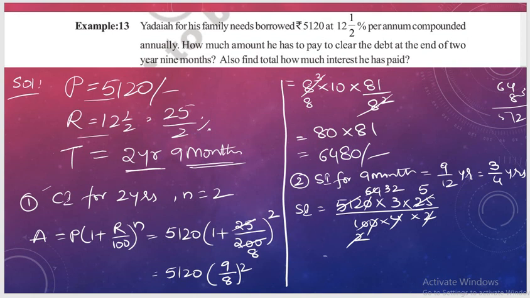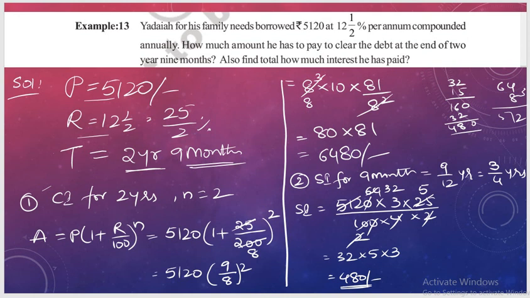What am I left with? 32 into 5 into 3, so 32 into 15. Again if I do multiplication, 5 2s are 10, 1 remained, 5 3s are 15, 16. 1 2s are 2, 1 3s are 3. So 0 8 4 gives me 480 rupees. This is nothing but the simple interest.